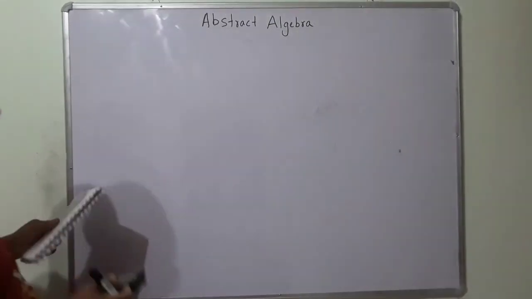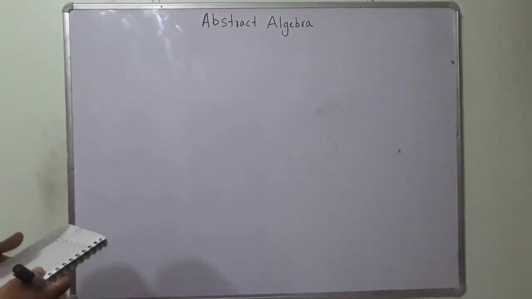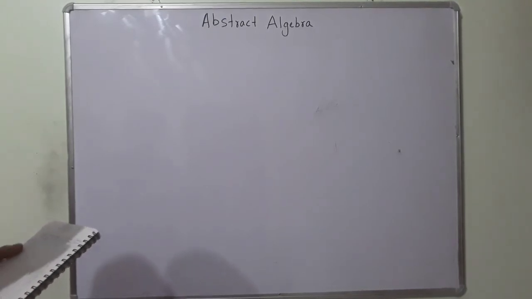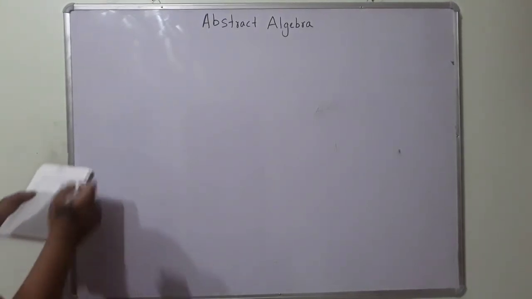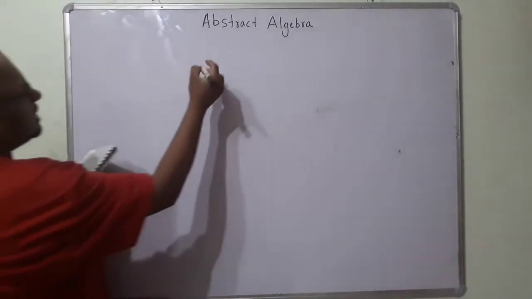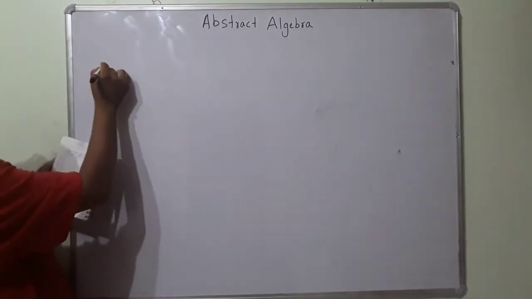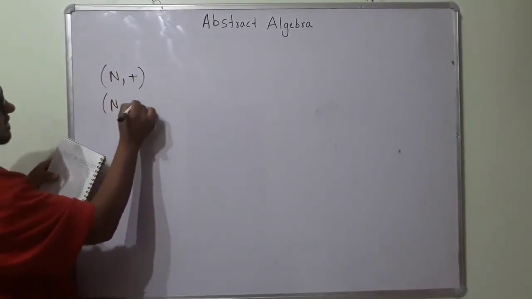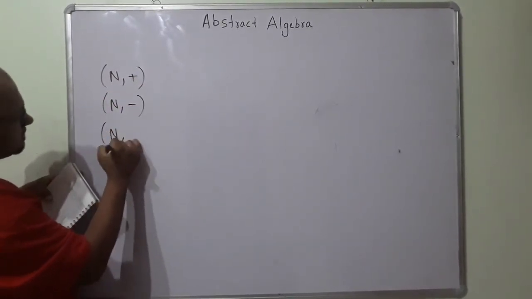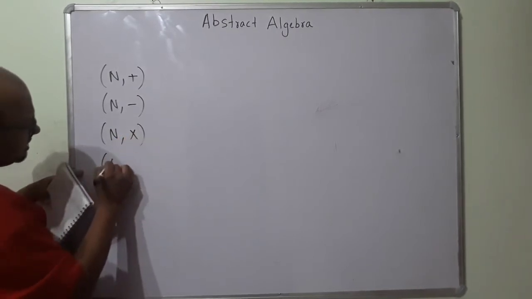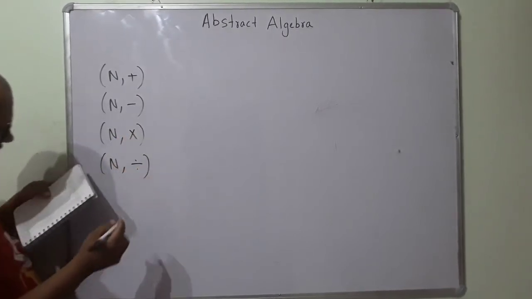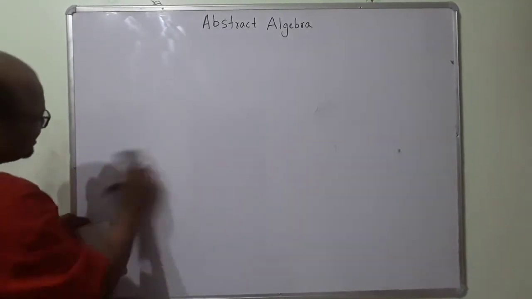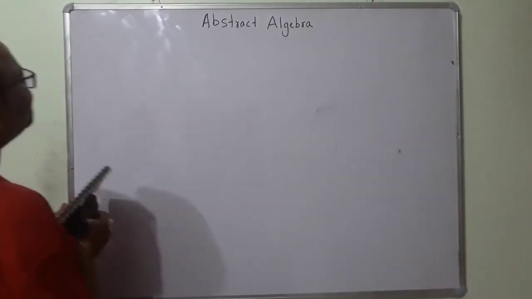Now let us solve a few problems. Let us do this first. The set of natural numbers under addition, natural numbers under subtraction, natural numbers under multiplication, natural numbers under division. I have to write smaller. I needed a bigger board for this.